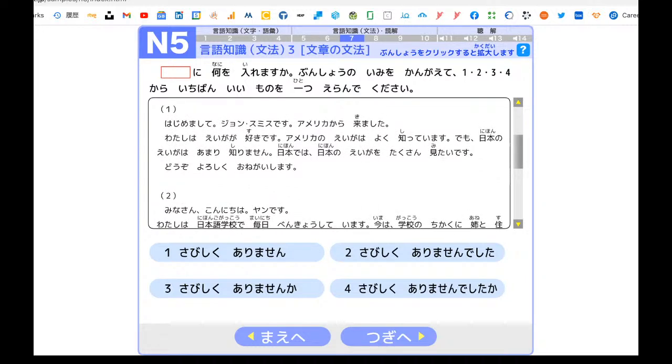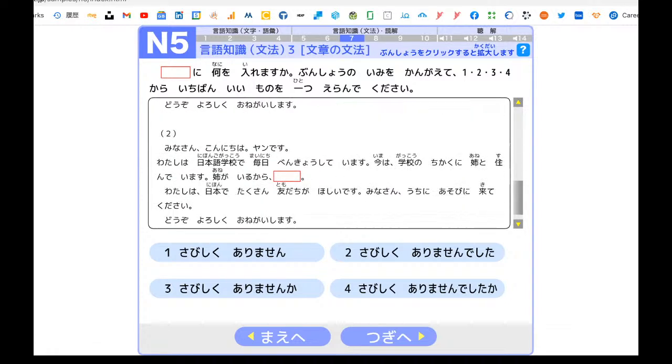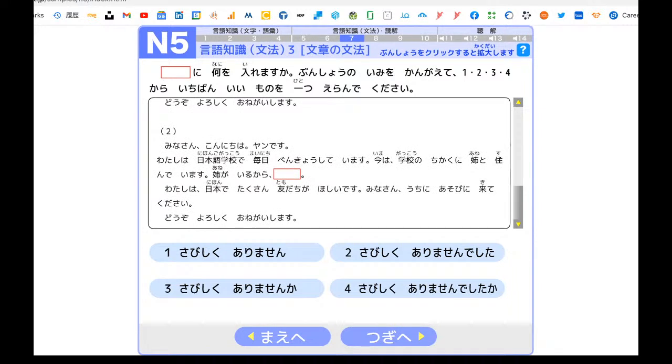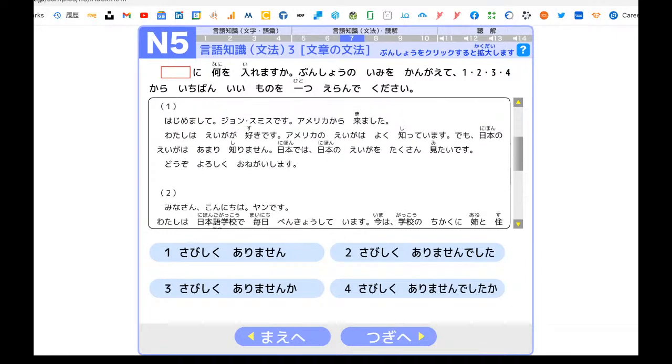Let's see the first one. はじめまして、John Smith です。So the first paragraph is for John-san, and the second paragraph is Yan-san. And for Yan-san's paragraph, we see this red square blank where we need to fill out. So maybe we can just ignore John-san's paragraph, okay? Just skip it. You don't have to read it.